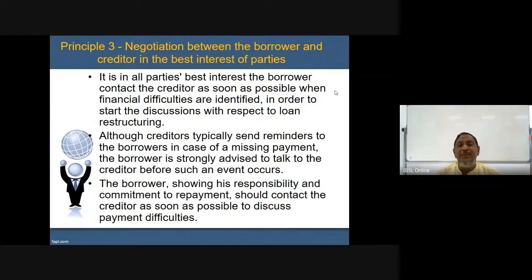Although creditors typically send reminders to the borrowers in case of missing payment, the borrower is strongly advised to talk to the creditor before such an event occurs. In the past, we used to send reminders when the customer defaulted. Today, with technology development, we can create messages through our system.